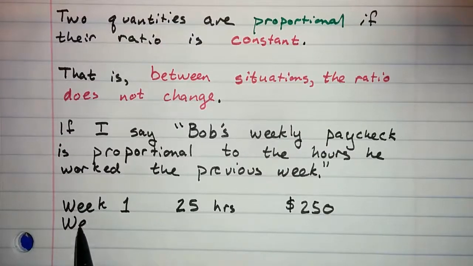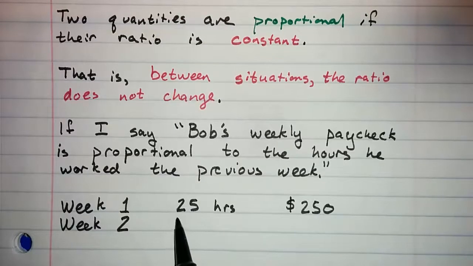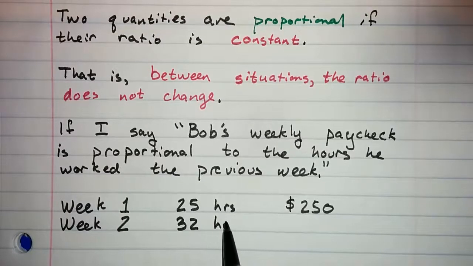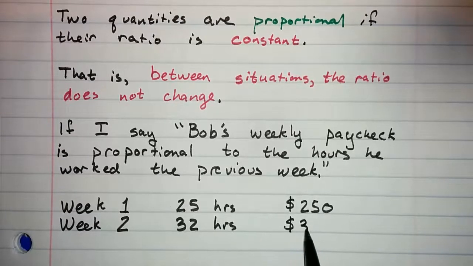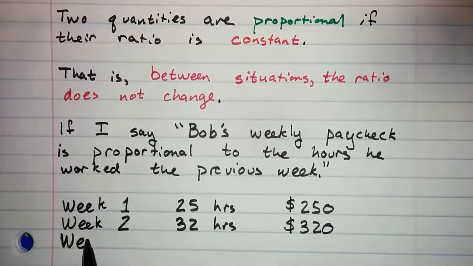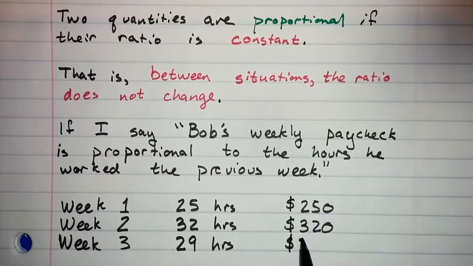In week 2, Bob works 32 hours and he earns $320. And in week 3, Bob works 29 hours and he earns $290.